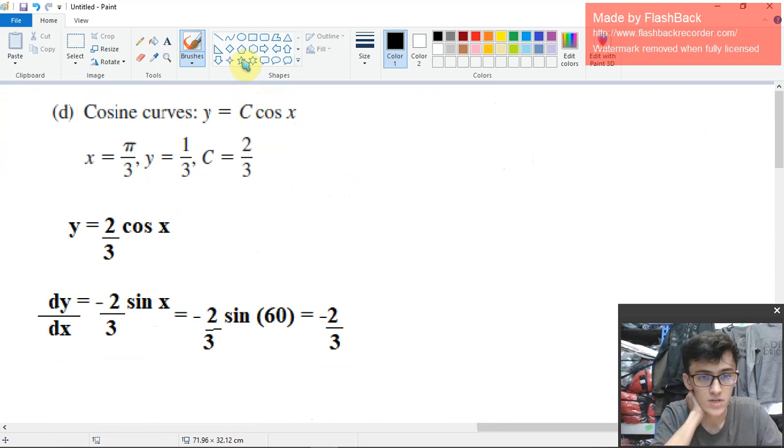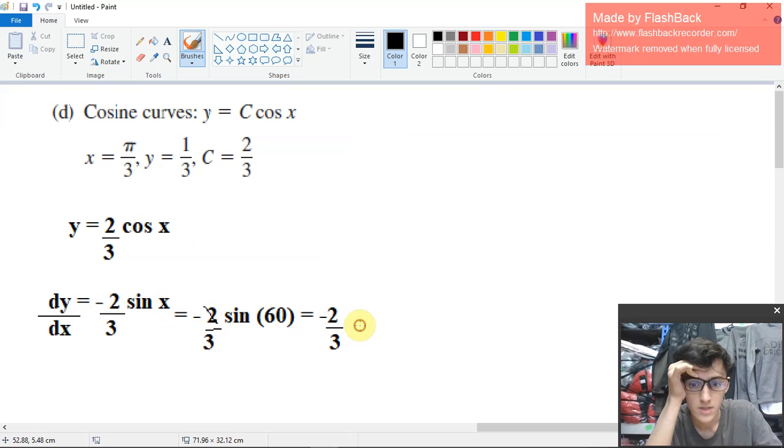Here it is, cosine curves. Solve for y, substitute c. The derivative of cosine is minus sine, therefore it becomes negative. The sine of 60 degrees, pi over 3 is 60, is equal to square root of 3 divided by 2, and the 2 disappears.